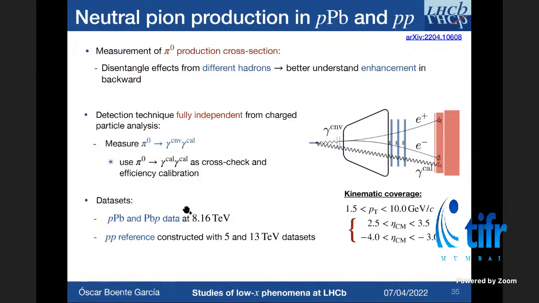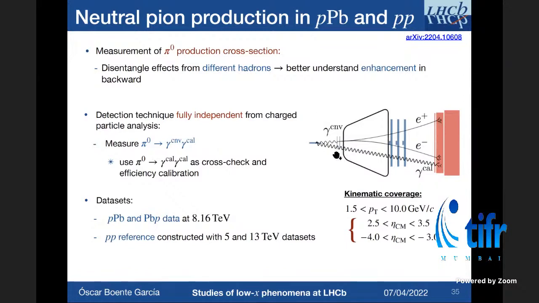Pi0s decay to 2 photons mostly, so we need to use the calorimeter to reconstruct the photons. But actually, in this analysis, to have the best possible resolution, we use a technique where one of the photons is reconstructed with the calorimeter, and the other is reconstructed from an electron-positron pair that comes from interactions with the material.